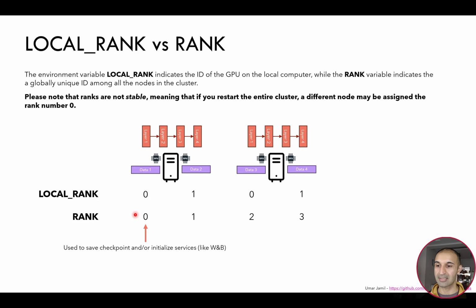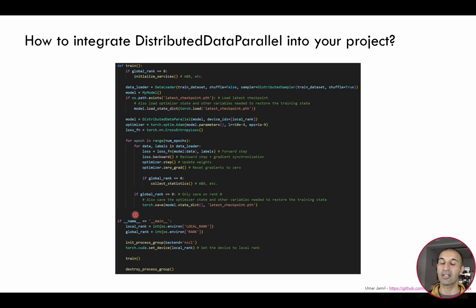The second one indicates the global rank, which is a unique identifier for this particular GPU among all the GPUs of the cluster. We then call the function init_process_group. We indicate the backend we want to use, which in the case of CUDA, which I think is most of the cases, is NCCL because it's the best one, and it's made by NVIDIA.